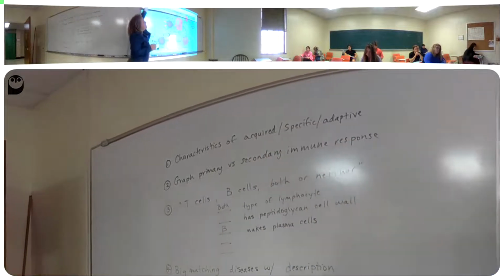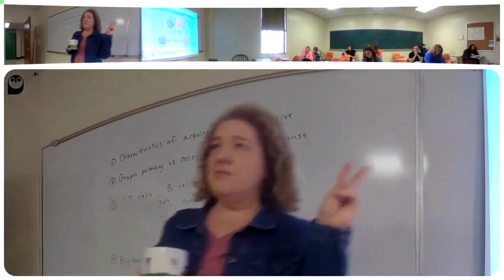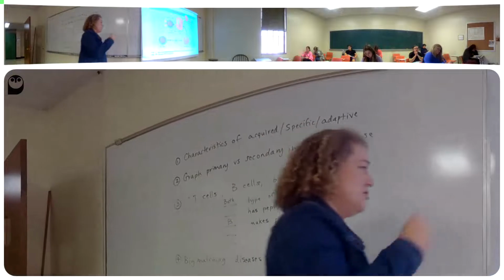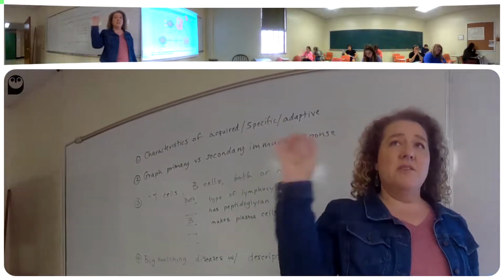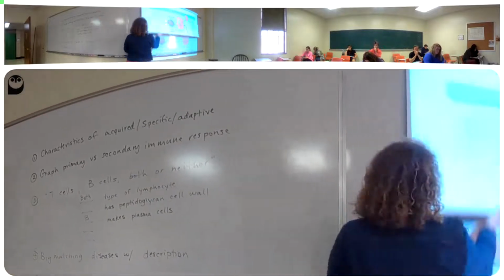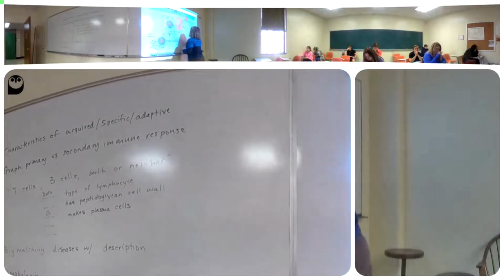So when people reject organs, there are 2 different ways that this can go, and it can be called host versus graft. So when you see host versus, it's kind of like saying host attacks graft.